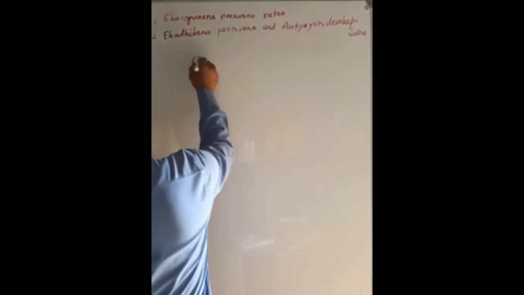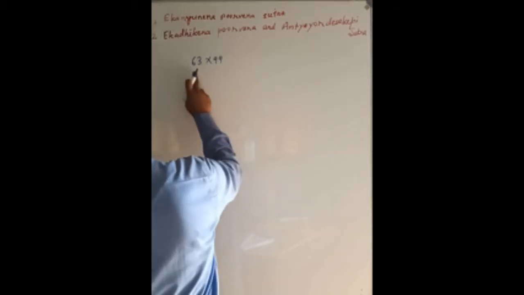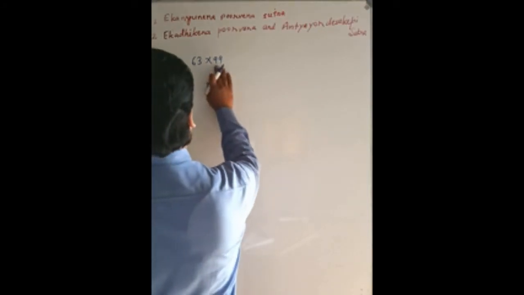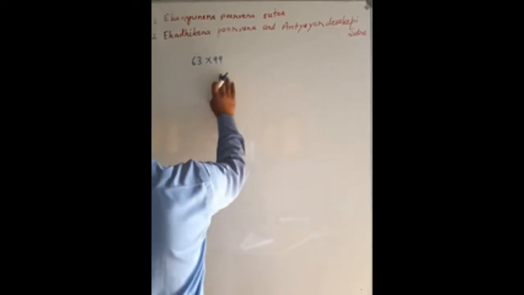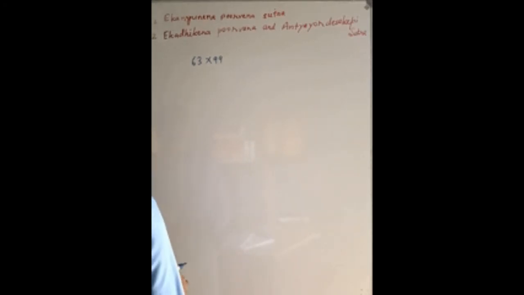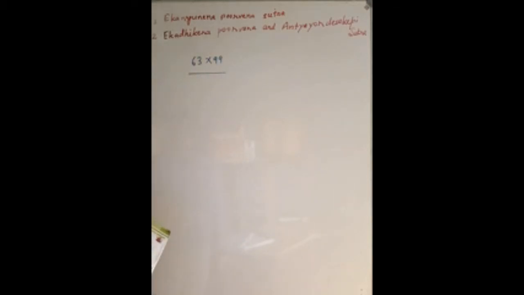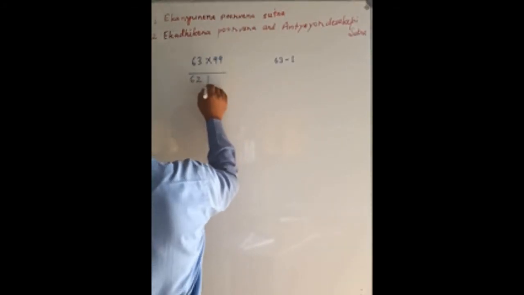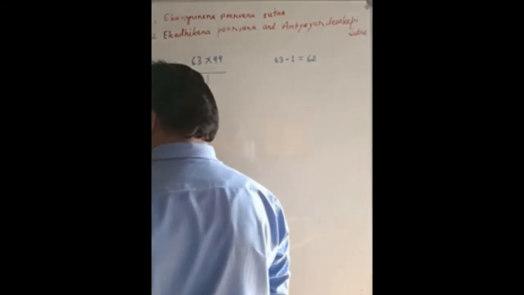Multiply 63 by 99. Multiplicand 63 and multiplier 99. All the digits in the multiplier are 9. Now we multiply. For this, the left hand side of our answer is 63 minus 1, which is 62.